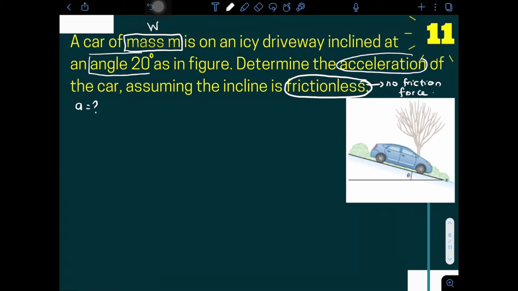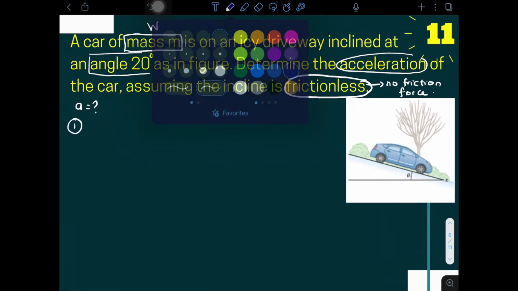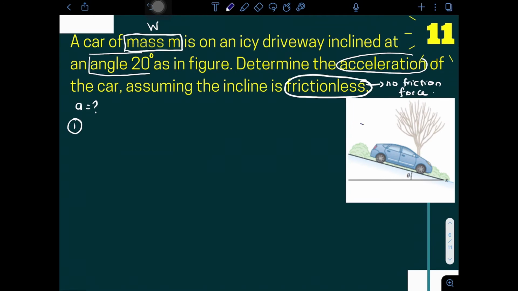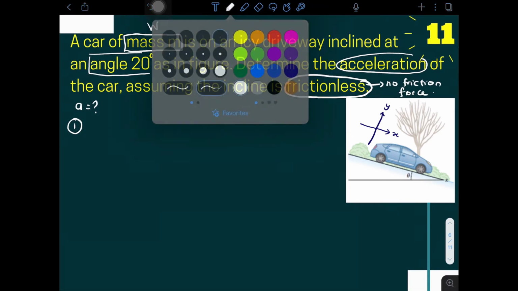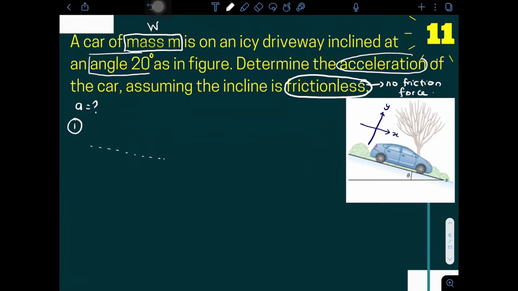Okay, the first step, we have to draw the free body diagram. Remember, if you have an inclined plane, you have to use the inclined plane as your x-axis and the axis at 90 degrees to x is y. So we will be using the incline x and y axes.